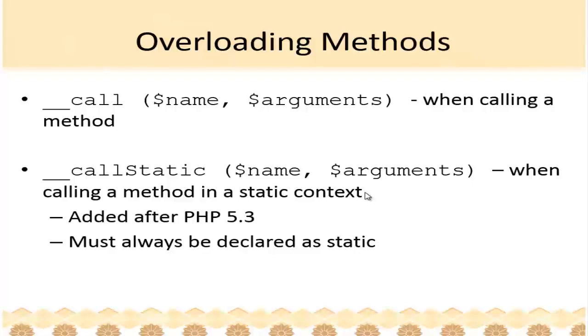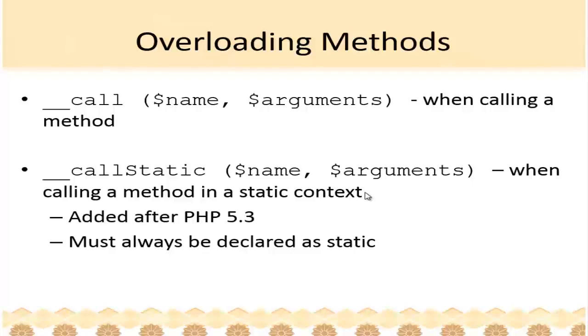Now, in order for us to overload a method, we use __call and __callStatic. __call is used for instance methods. __callStatic is used for static methods. If you want to associate a method with the class itself and you want to do it dynamically, in other words, you want to add a dynamic method to your classes, then use __callStatic.